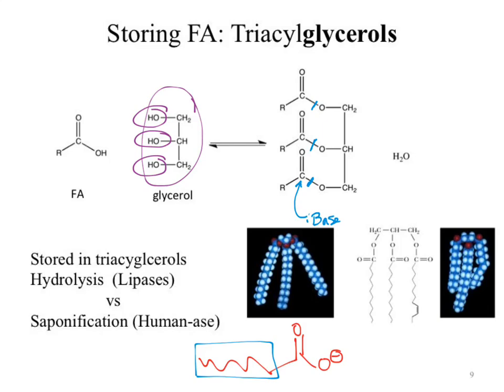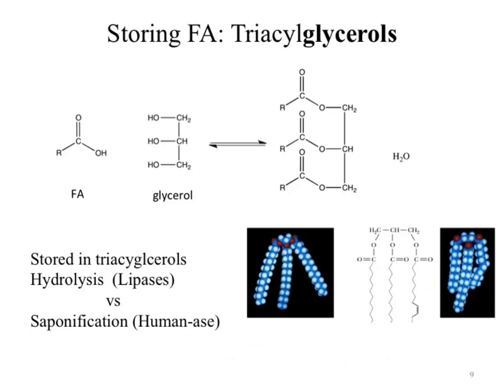What's going on with our triglycerols? Actually, before I completely step away from that, what we're looking at is our general structure. We now have big hydrophobic tails with the potential of having double bonds in them. Remember, those aren't going to directly affect the reaction of making the triacylglycerol, because that chemistry is all occurring up at the carboxylic acid end.